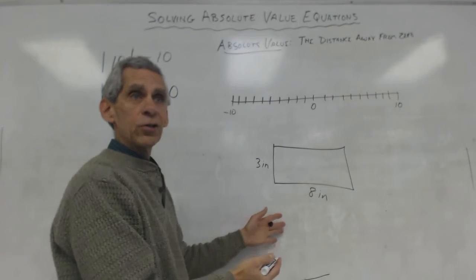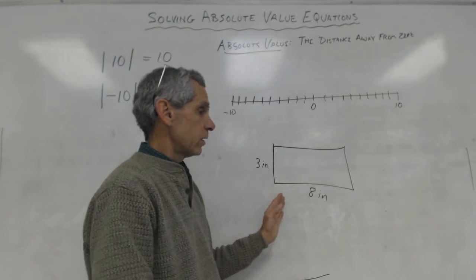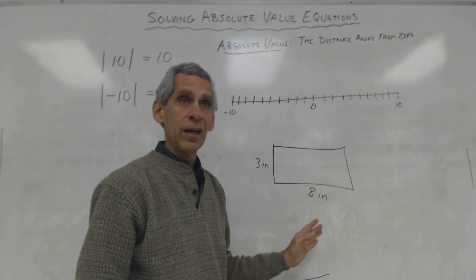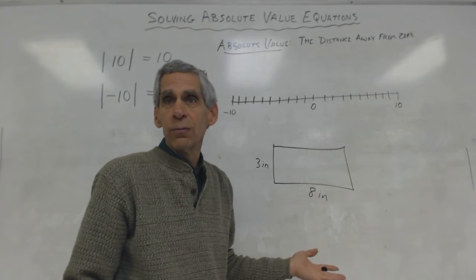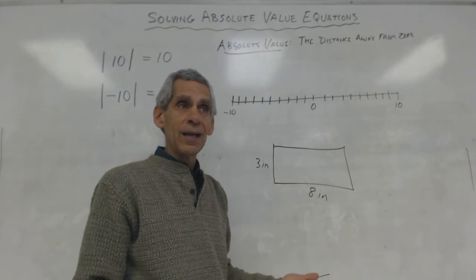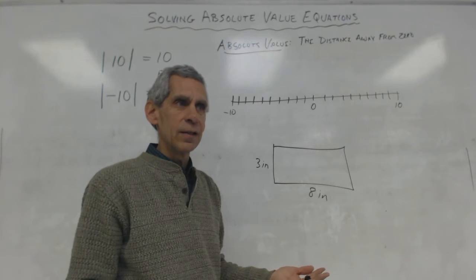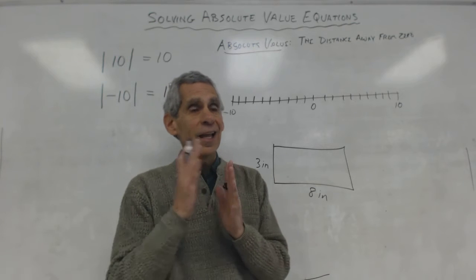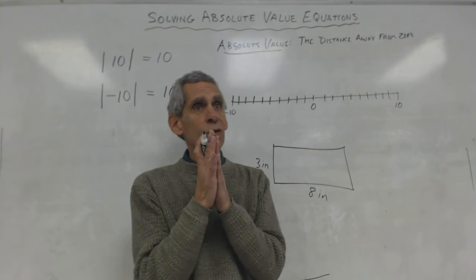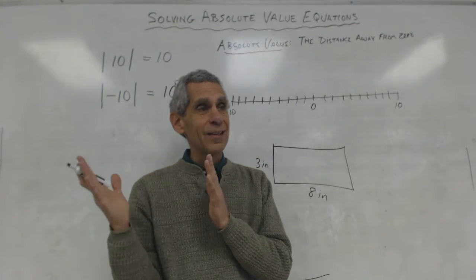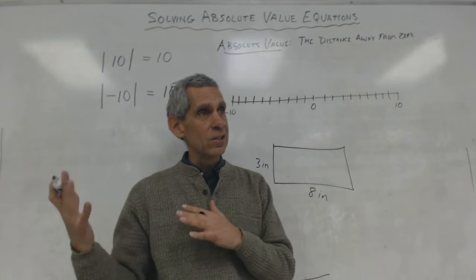Now, can you picture a box where the distance is negative 8 inches? It's impossible, right? Distance can't be a negative number. Does that make sense? You see that? Because negative means less than 0. Well, 0 is nothing, right? So less than nothing, you can't have a distance less than nothing.